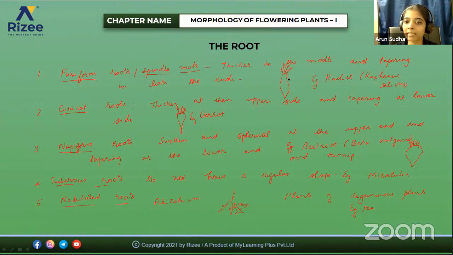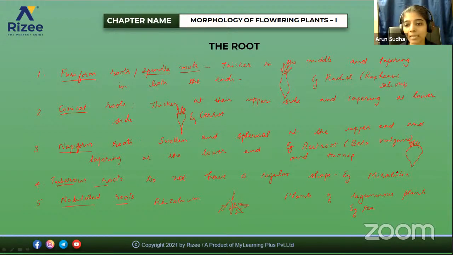So here they are thicker in the middle and tapering at both ends. Example, radish. And in the case of conical roots, they are thicker at the upper end but tapering at the lower end. Example, carrot. And napiform roots are swollen and spherical at the upper end and tapering at the lower end. Example, beetroot and turnip. And in the case of tuberous roots, they do not have a regular shape, but the roots are fleshy and swollen.